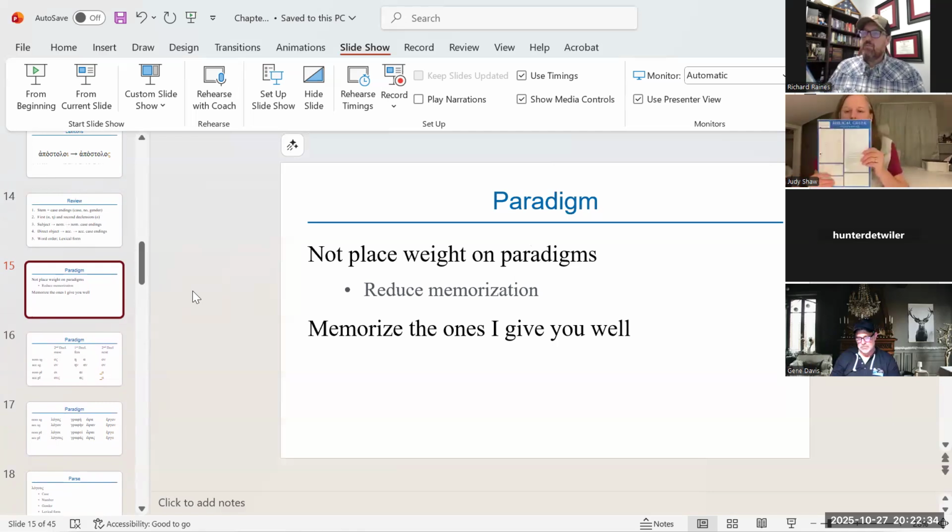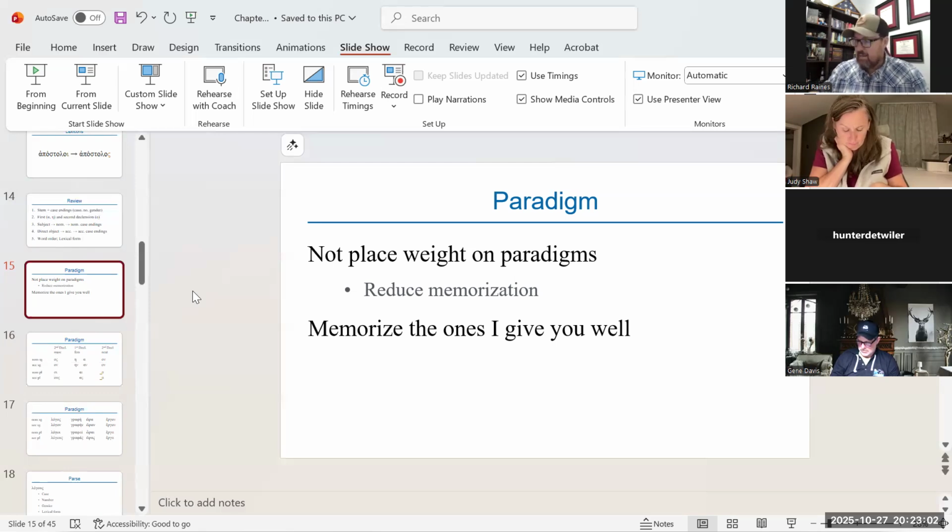So on the laminated sheet on the first page where it says Biblical Greek by Bill Mounce, if you look on the right-hand column, it says case, ending, and rules. You guys see that? All of that is a paradigm. And we're going to learn how to use this paradigm to help you translate words. Okay, that's what we're doing right now.